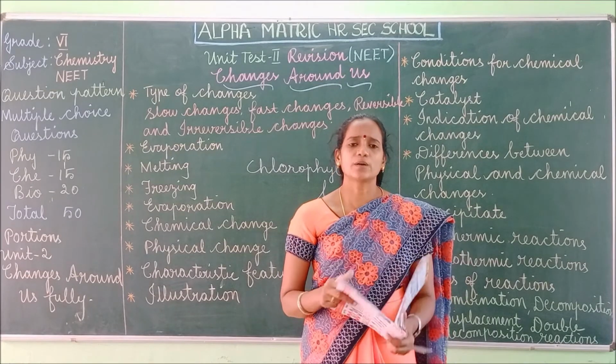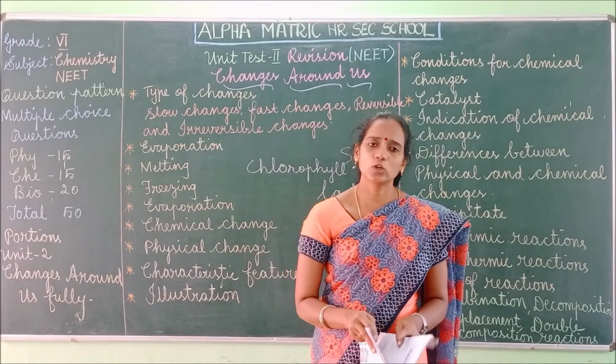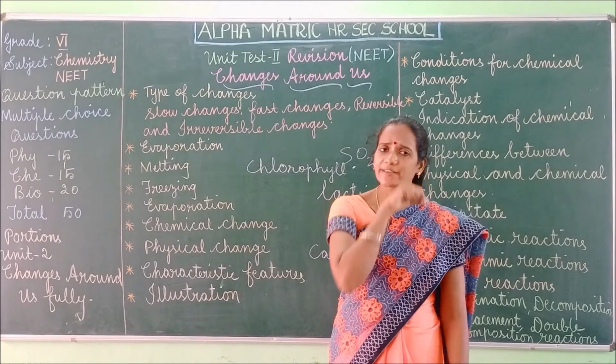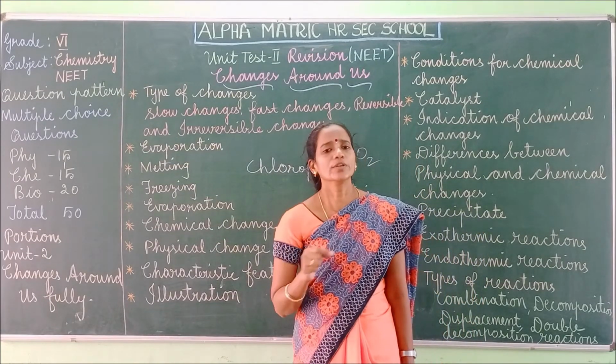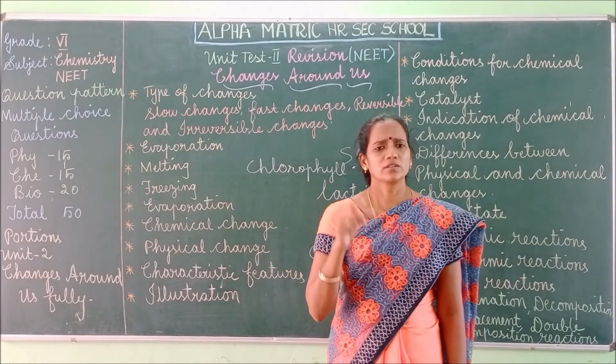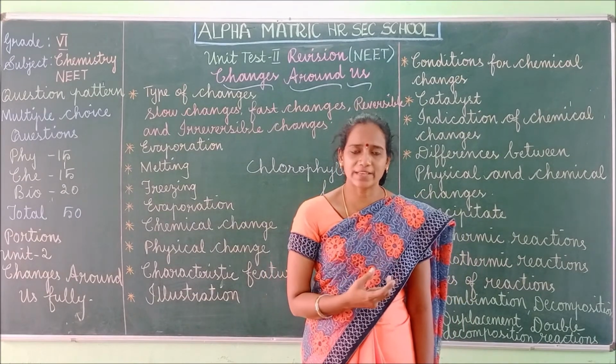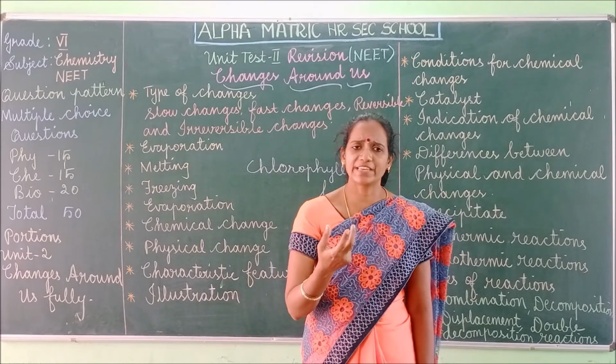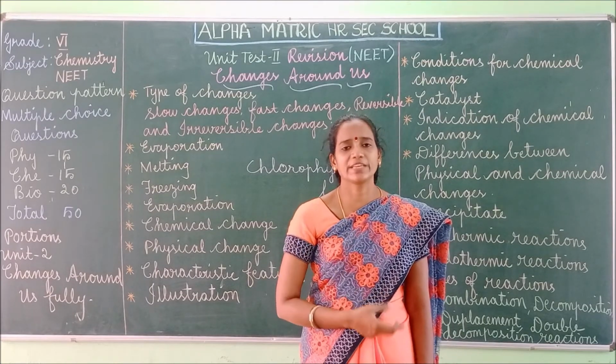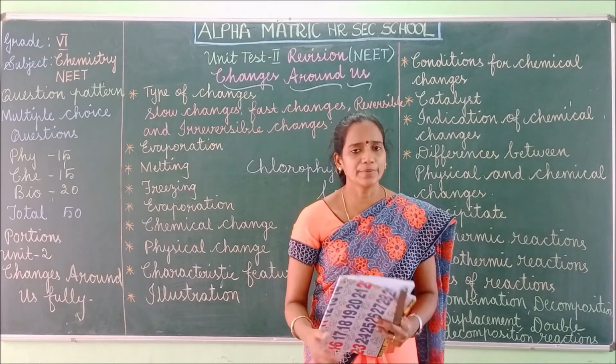Next, come to exothermic and endothermic reaction. What is meant by exothermic reaction? During chemical changes, chemical reactions take place. The evolution of heat or liberation of heat is called an exothermic reaction.